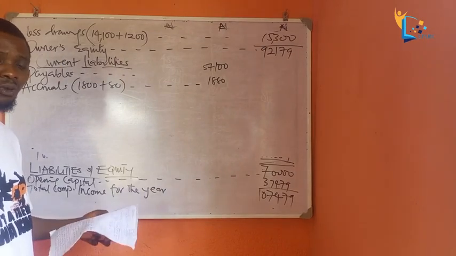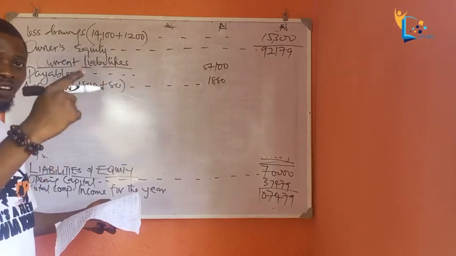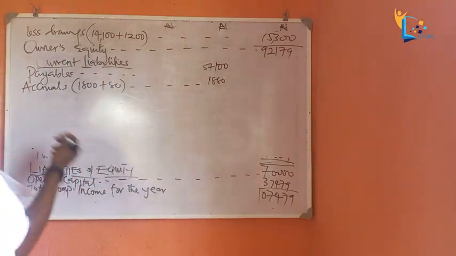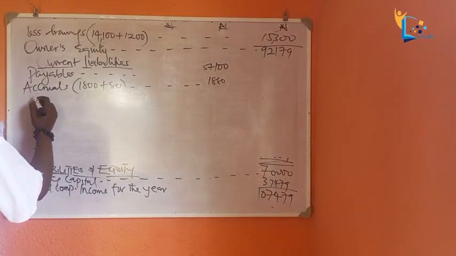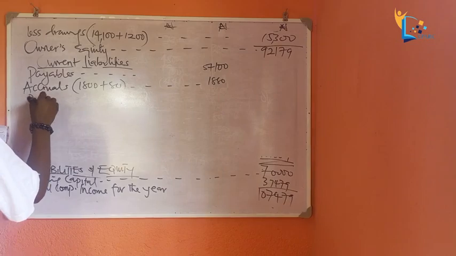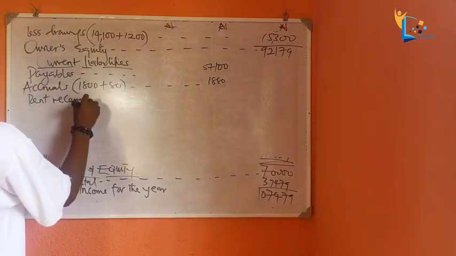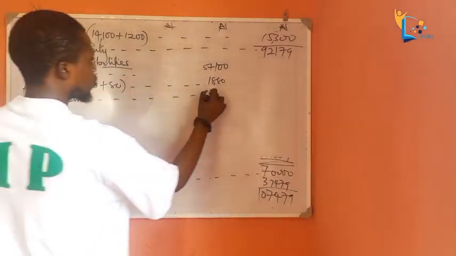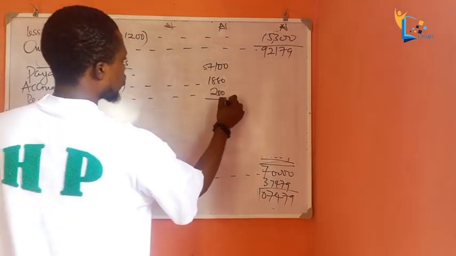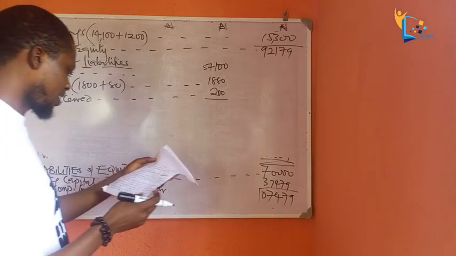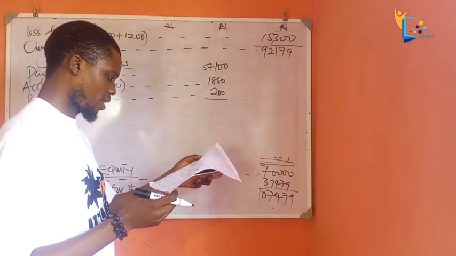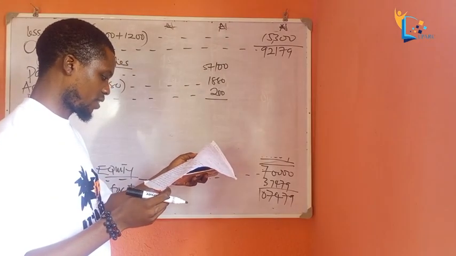So it's a liability to you, because when you get to 2025, you have to use your own money to cover up. So we have rent received, 200. I think there is nothing again.